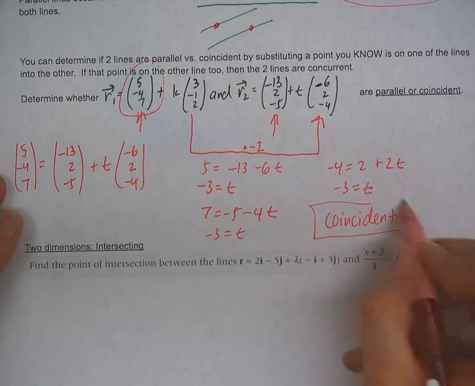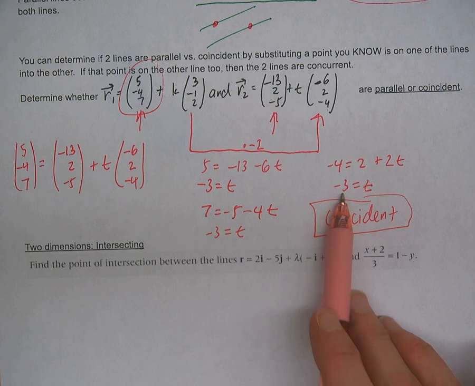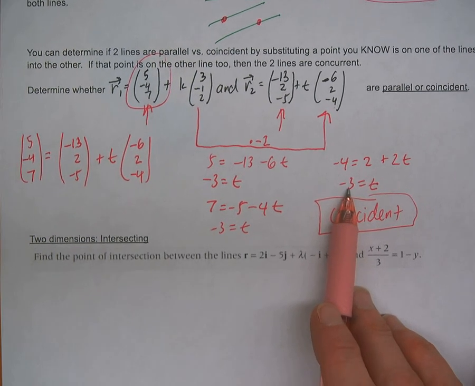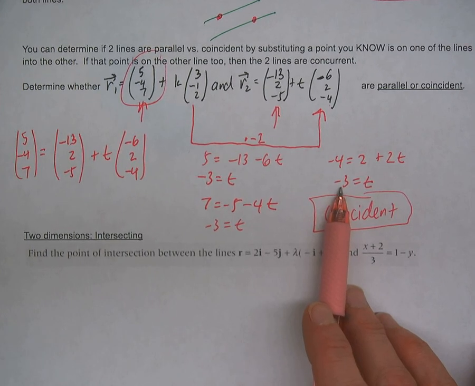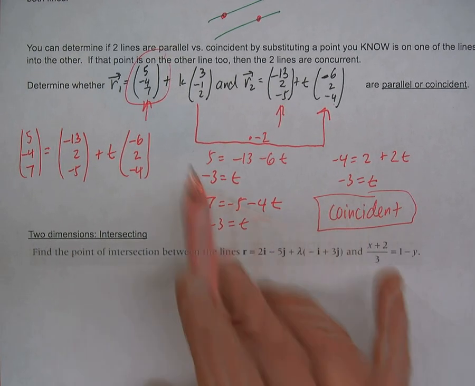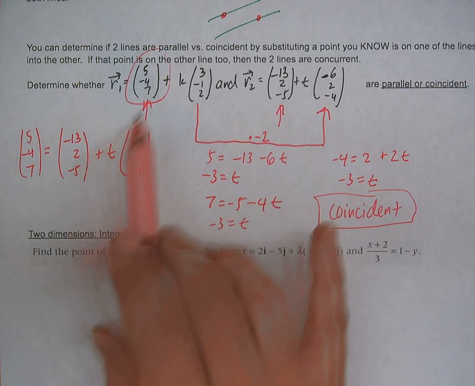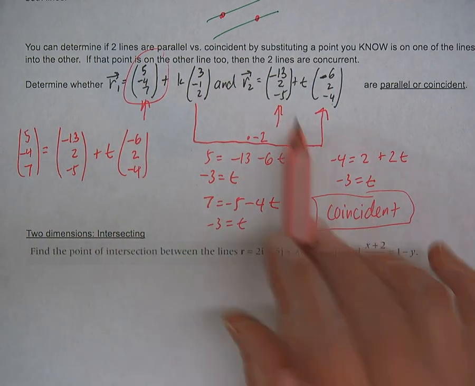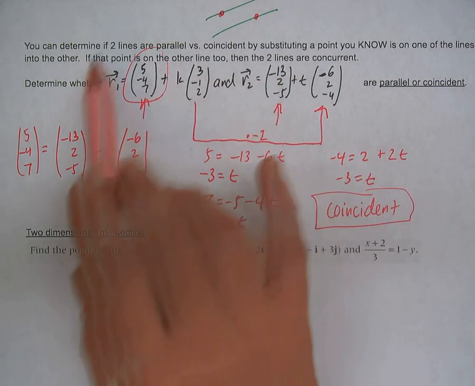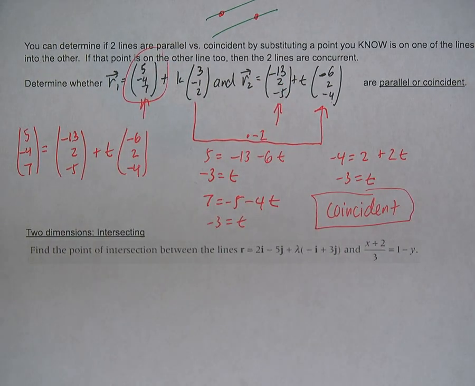If one of the t values had been different, like what if this one had turned out to be 2, that would mean that the lines are parallel, meaning they have the same direction vector, but this point is not on this line. And coincidentally, this point is not on this line. It doesn't matter which way you do it, the result will turn out the same.